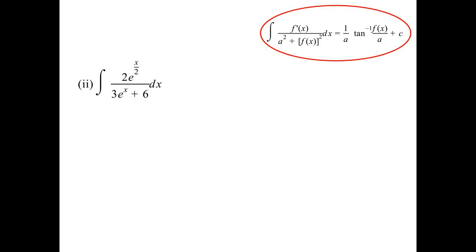Second example, so there it is, 2e to the x on 2, 3e to the 2x plus 6. That is an inverse tan one, if you look at it real closely, because 6 is root 2 squared, and e to the x on 2 is the function. The derivative of e to the x on 2, we can, again, manipulate this.